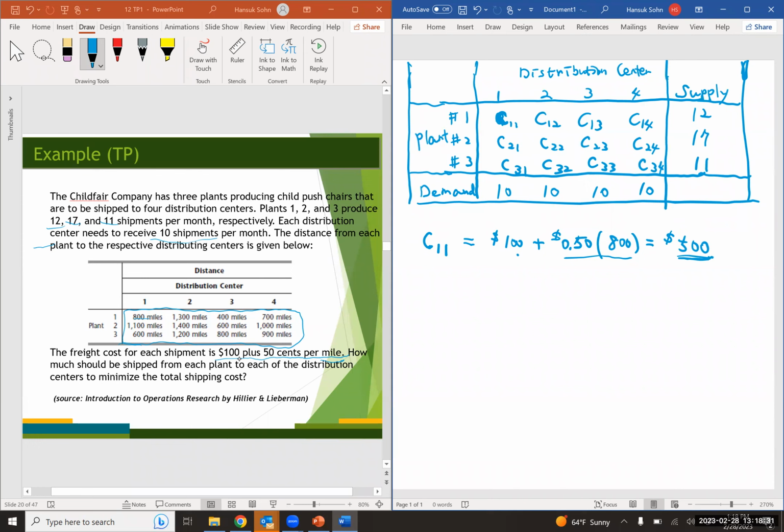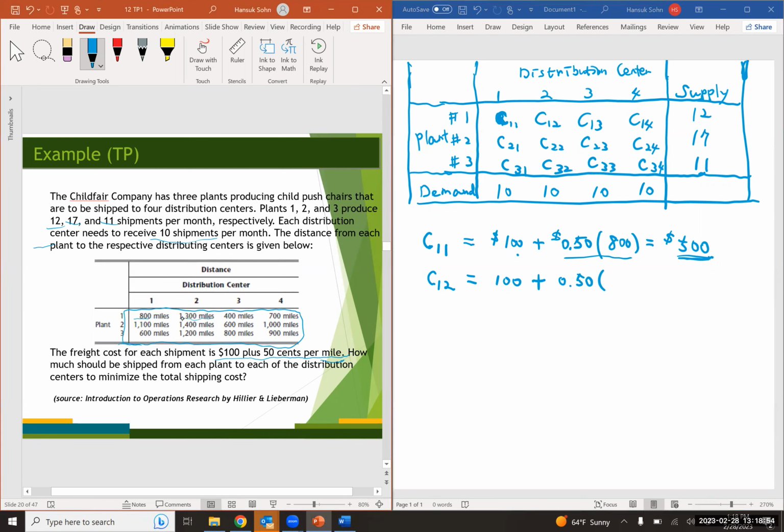Okay, now then similarly, how'd you get C sub 1,2? Again, we're going to use the same formula. Fixed cost of $100 plus 50 cents times the total mileage from plant number 1 to distribution center number 2, which is 1,300 miles.